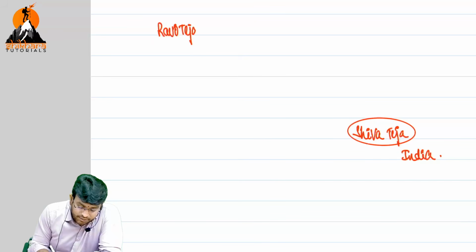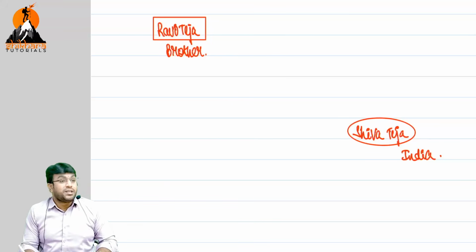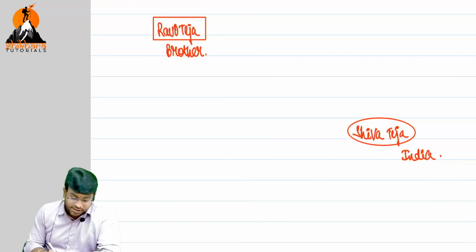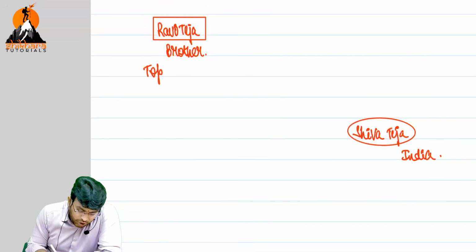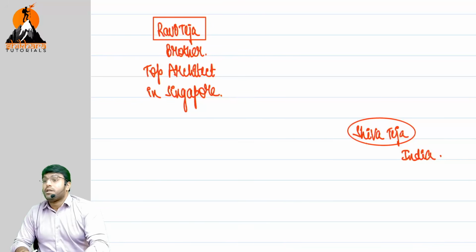There is a person, Ravi Teja, who is the brother of Shiva Teja. My dear friends, he is one top architect in Singapore.